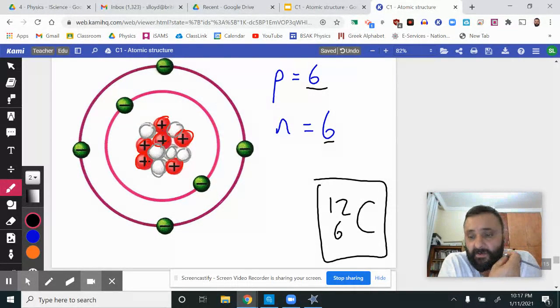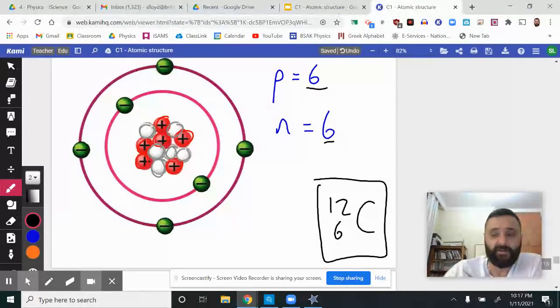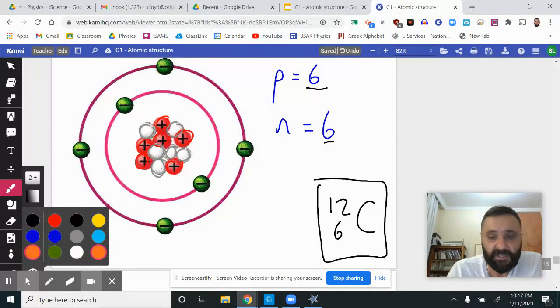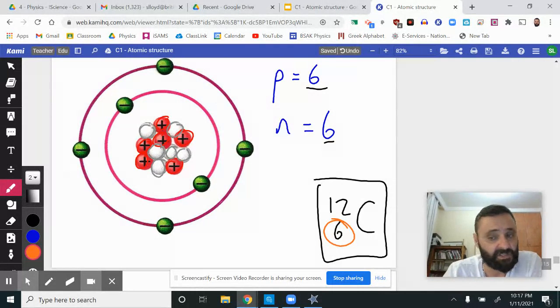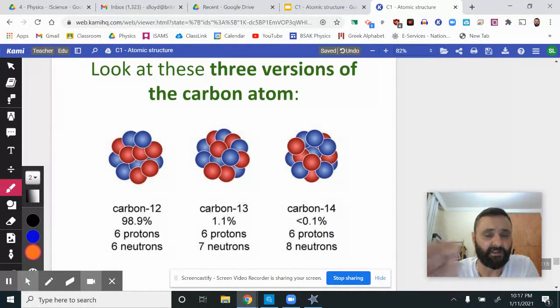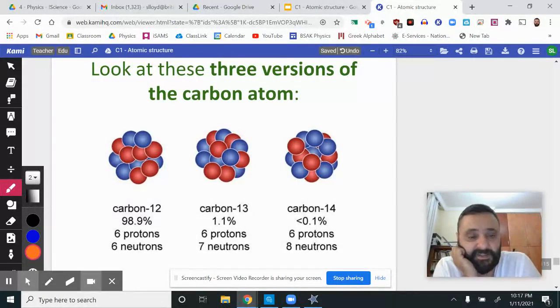99% of the carbon in the universe is that isotope. However, there are a couple of other versions. There are other isotopes of carbon that still have 6 protons, because if it had 7 or 5, they'd be different elements. But there are 2 other quite common versions of carbon that have different mass numbers because they have different numbers of neutrons. These are the 3 versions of carbon that we find in the universe.